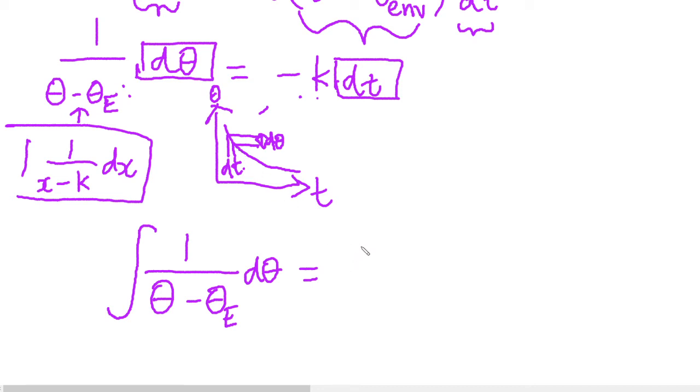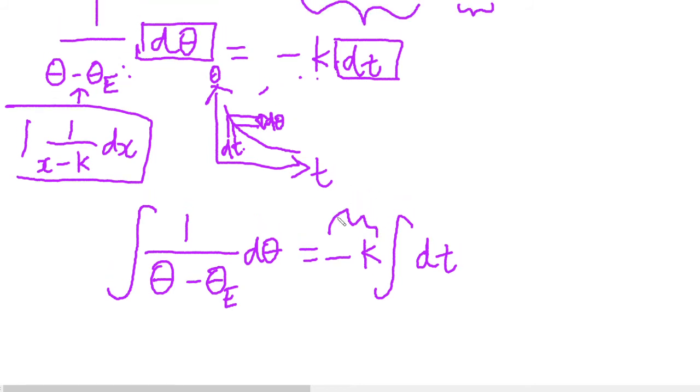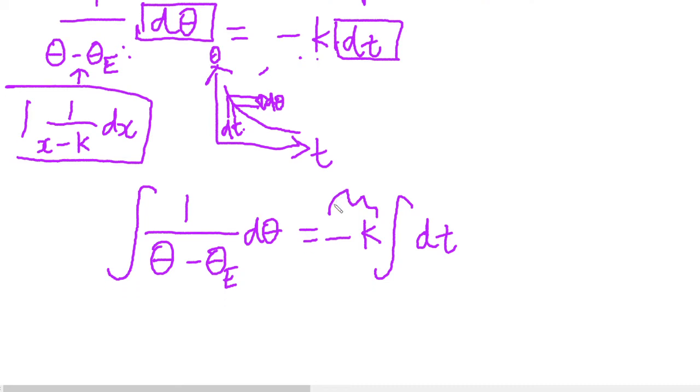Basically, it is equal to minus k times the integral of dt, the infinitesimal change in time. And this minus k is just being moved out of the integral because it's a constant and we don't want to deal with it.